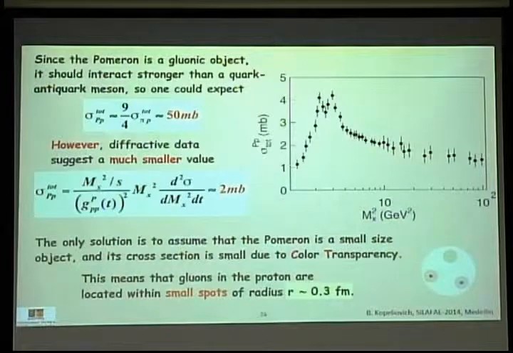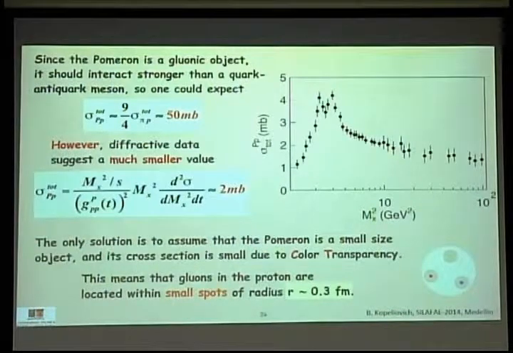And you see at large M, it goes down and probably is leveling off at a value even quite smaller than 2 millibarns. I put here 2, but it's even smaller. And this is a dramatic disagreement with this simplified expectation. Nevertheless, the difference is so huge, one needs to invent some explanation. And the explanation is pretty obvious.